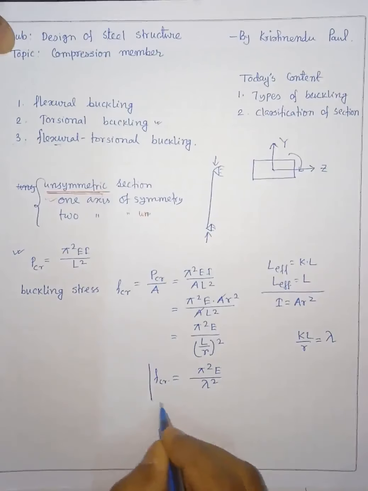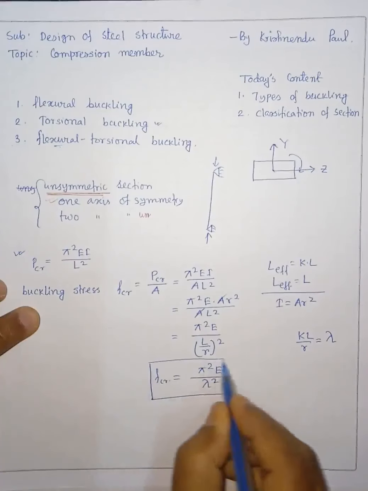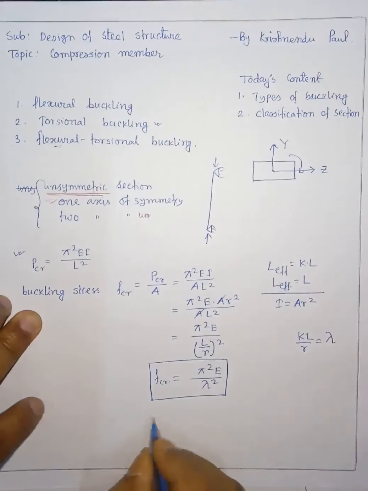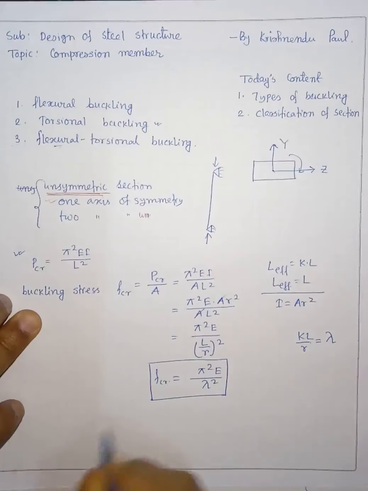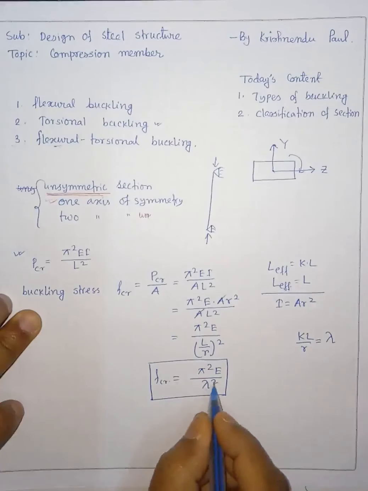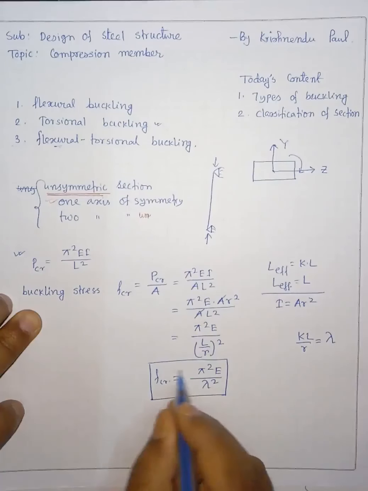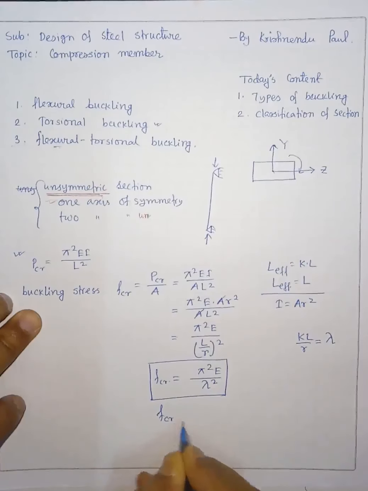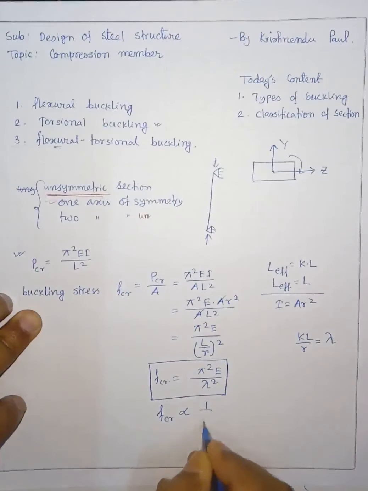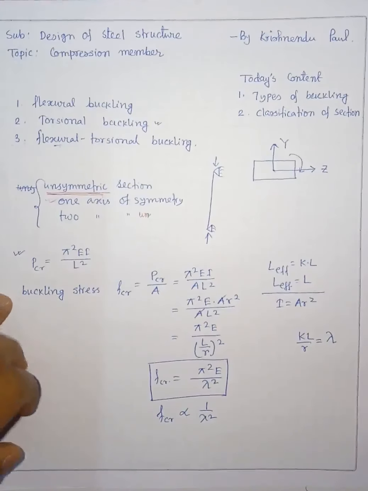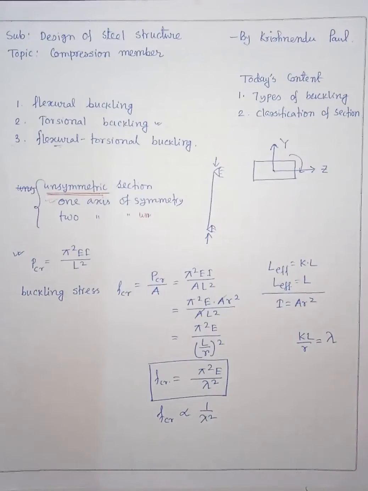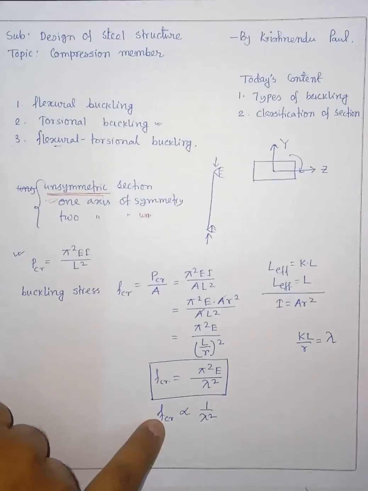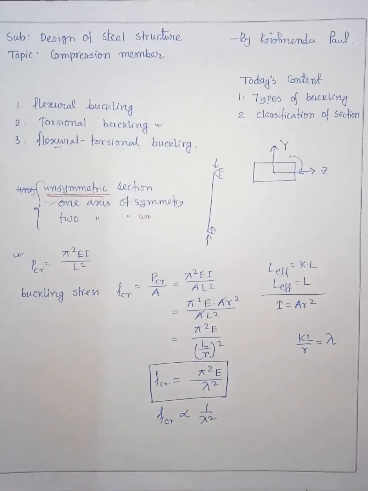So from this equation, what can we understand? You can understand that this buckling stress is related to lambda, and it is inversely proportional. So FCR is proportional to 1 by lambda square. What will be the curve if I want to draw a curve between this buckling stress and the slenderness ratio?